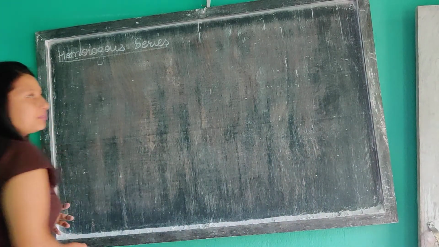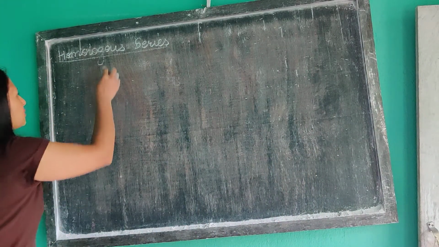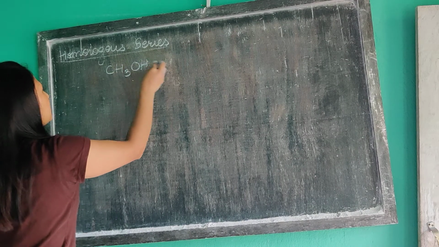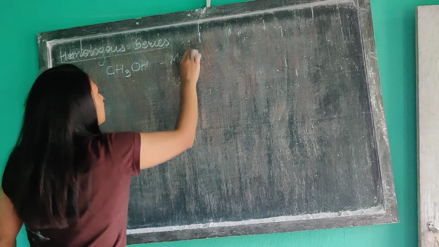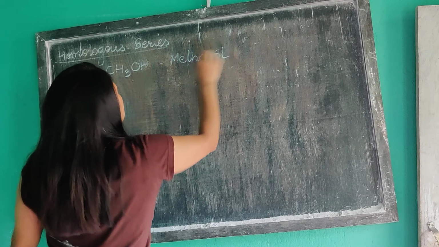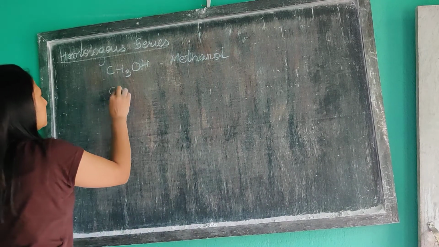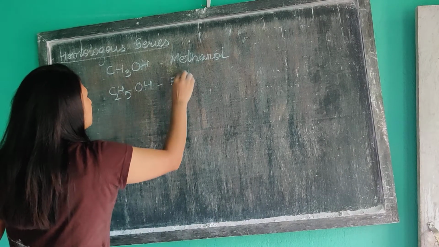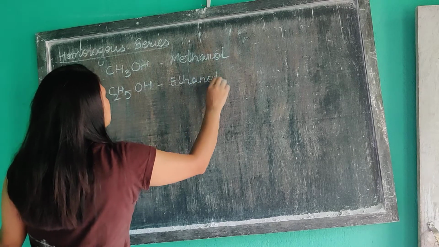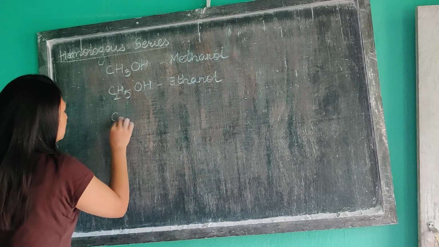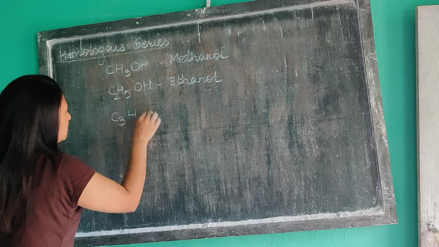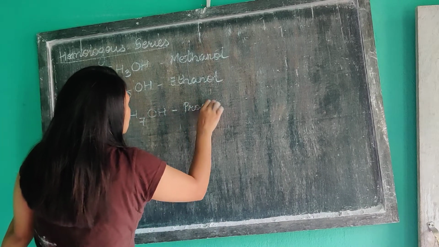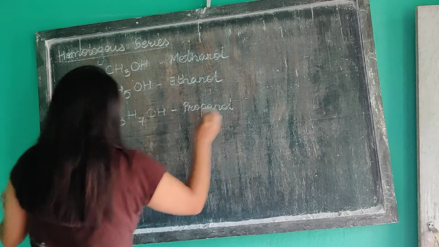Okay, for example, the properties of methanol. This is methanol, this is ethanol, this is propanol.